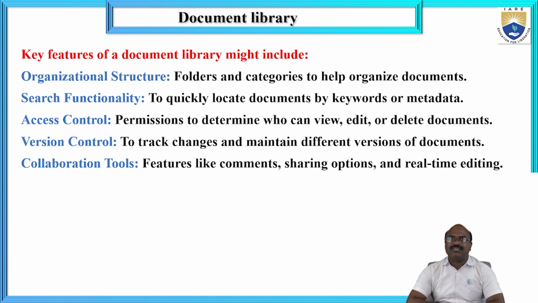And going to the other feature, it is called search functionality. We can search and retrieve the data very effectively with the help of some commands or searching tools. So search functionality is nothing but the ability to quickly locate documents by keywords or metadata. Metadata is nothing but data about data.